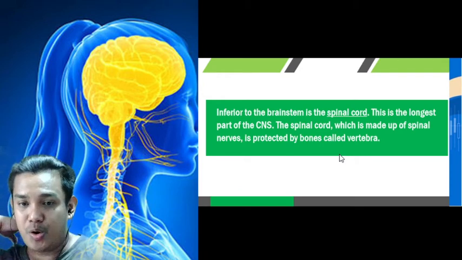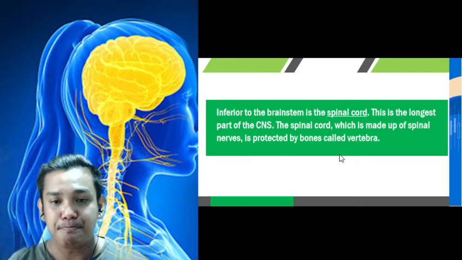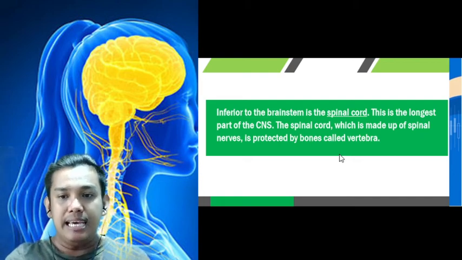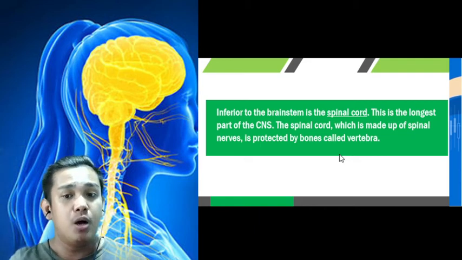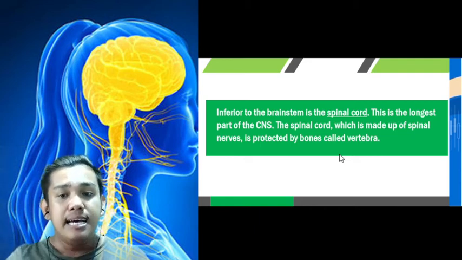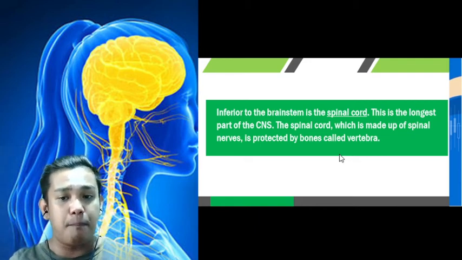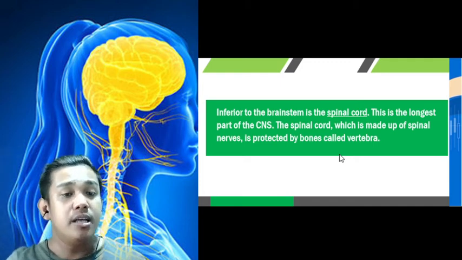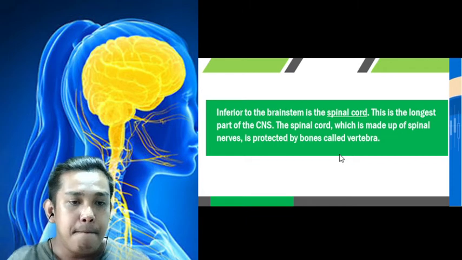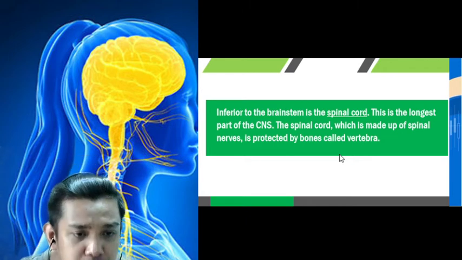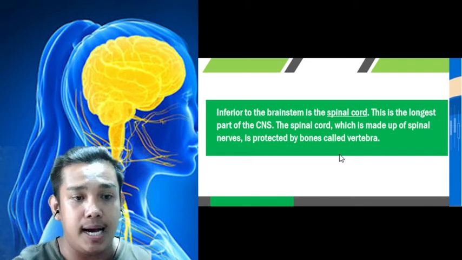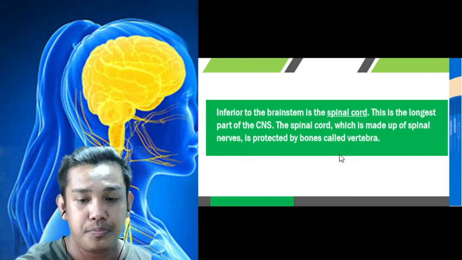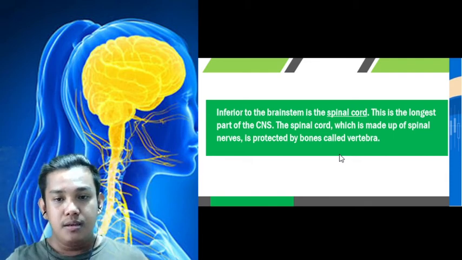This is the longest part of the central nervous system, or CNS. The spinal cord, which is made up of spinal nerves, is protected by bones called vertebrae. When we say vertebra, it can bend, it can also break.